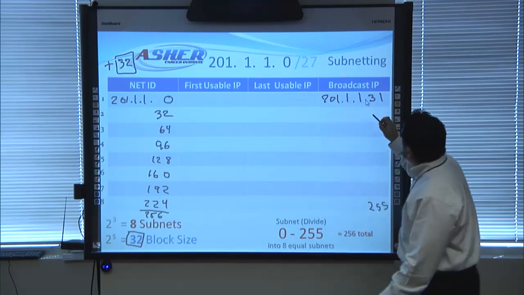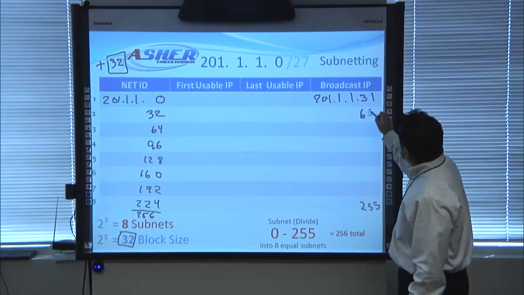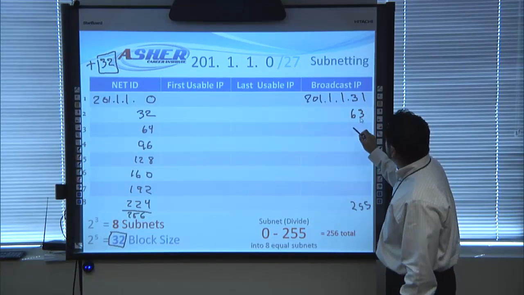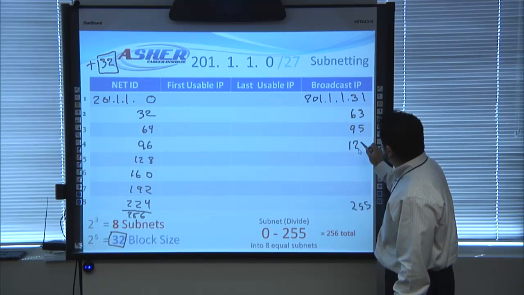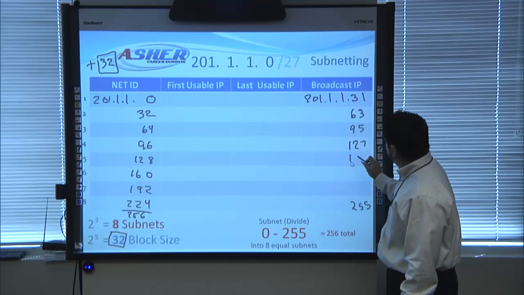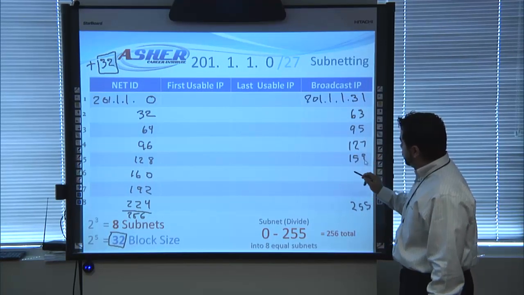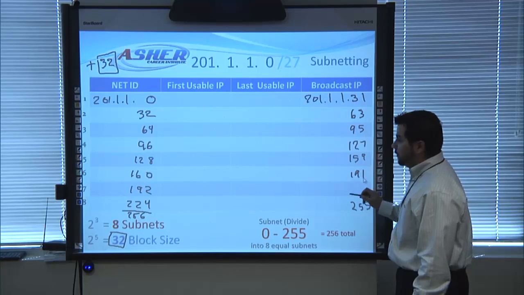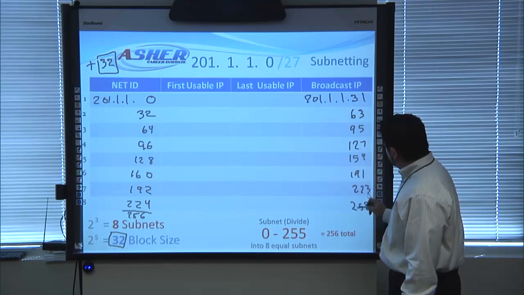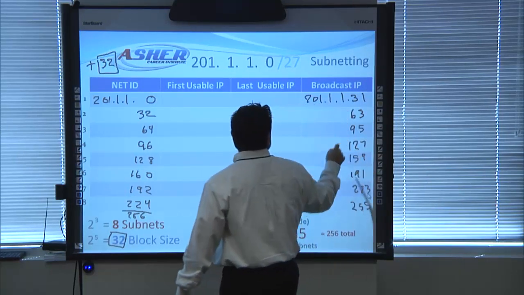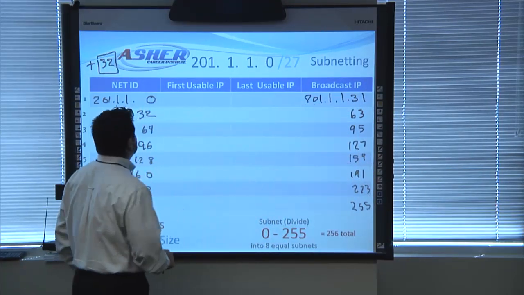And then 1 less than 64? 1 less than 96? 1 less than 128? 1 less than 160? 1 less than 192? 1 less than 224? Okay, and you can go in there and fill in the 201.1.1 on all of these IP addresses.